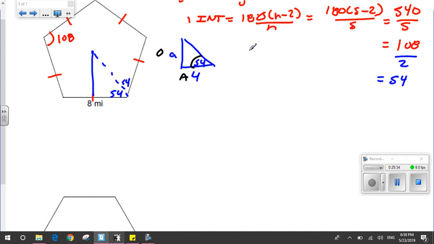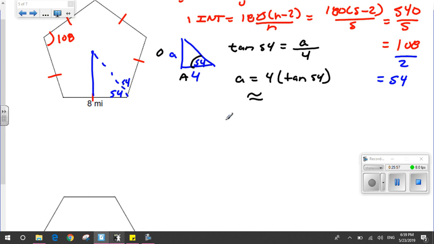So that means I would have to use tangent. So tangent of 54 is equal to my apothem divided by 4. So when I cross multiply, that means my apothem is going to equal 4 times tangent of 54.